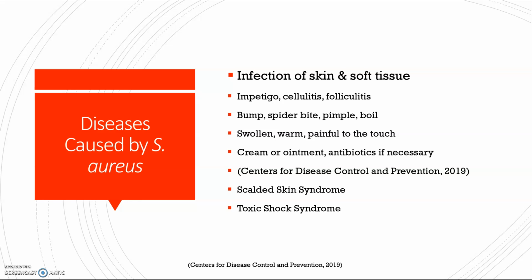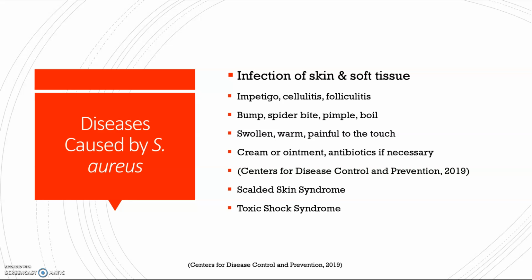A little more serious infection of the skin and soft tissue would be something like scalded skin syndrome. This is where the organism gives off a toxin that causes the infection. It's not the organism itself, but the toxin. And it can cause the skin to look like a really bad sunburn or like you've been burned.